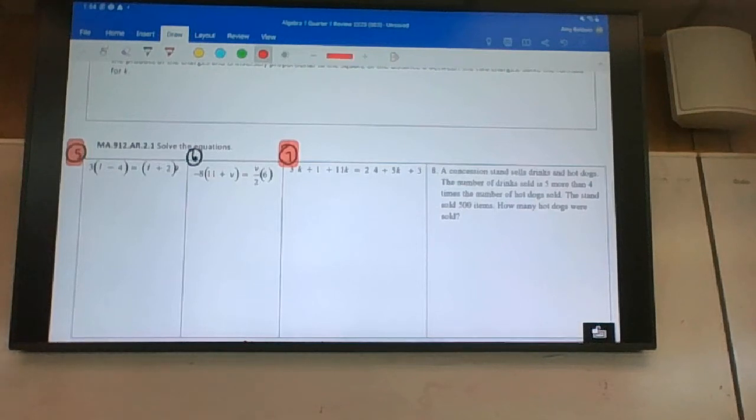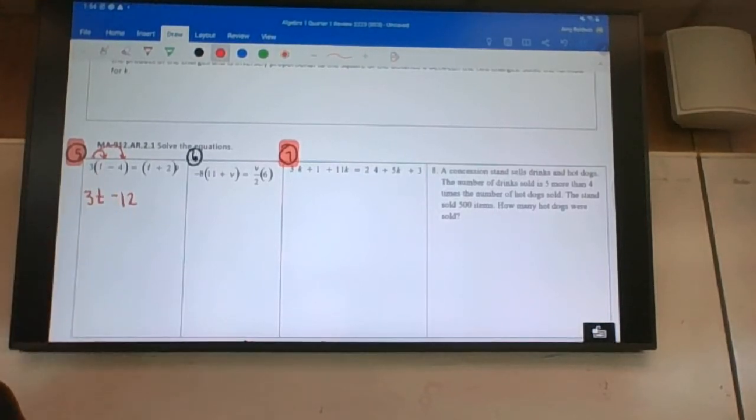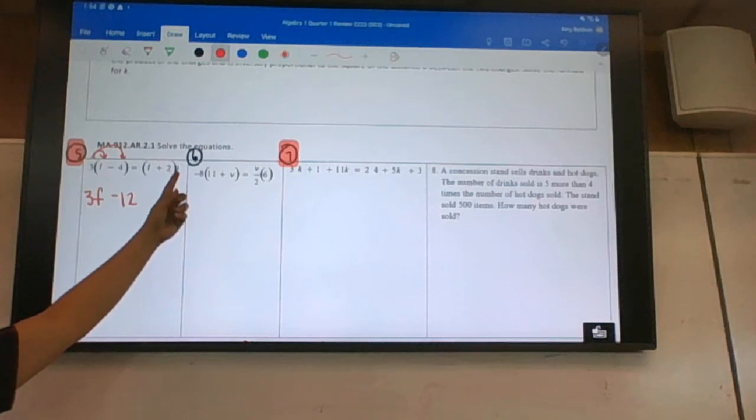Try number 5. Okay, so first we're going to distribute. I'm going to distribute the 3 here. Is that a T or an F from what you guys can see? An F. Oh no, it looks like a T. And then here they put this 9 on the right.